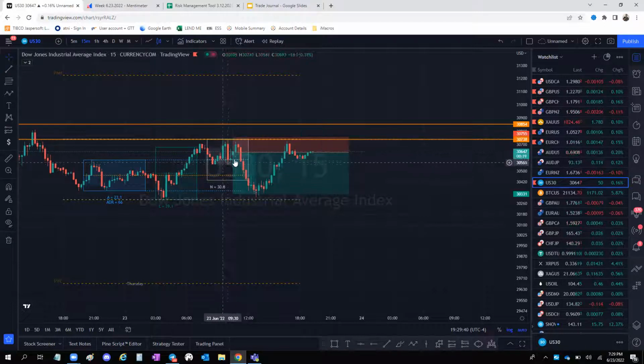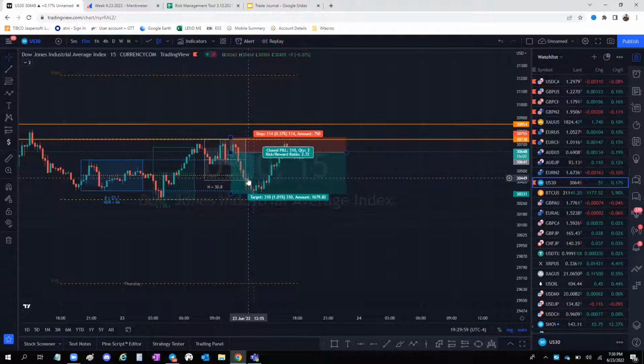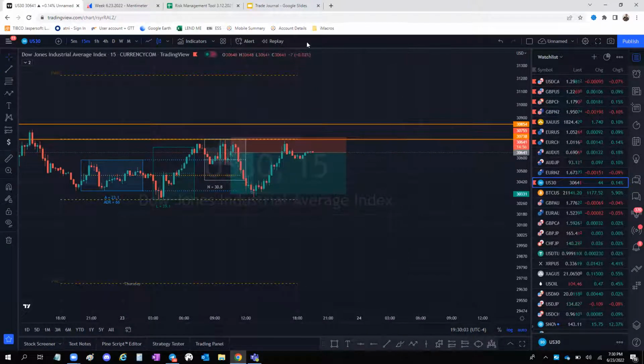So boom, then they held the level for a bit. I took this when it mitigated back here because this candle was too long for me to risk. So I took it back when it mitigated in the middle. I held some drawdown for a bit, then into profits, right? And I took some partials at the bottom here, and then I was holding a position, and they came back up and they stopped me out.